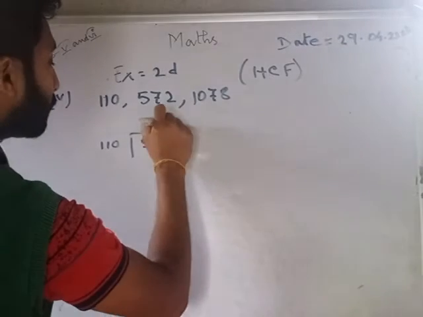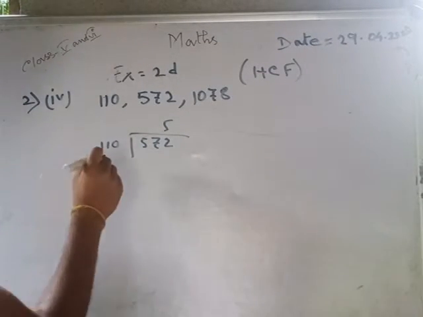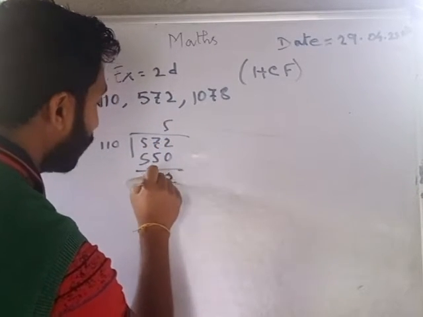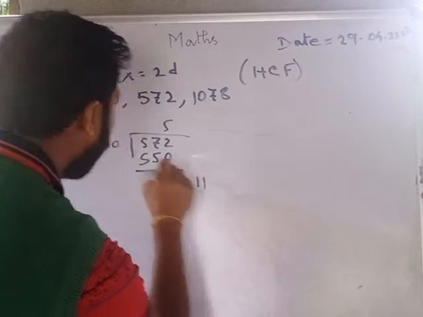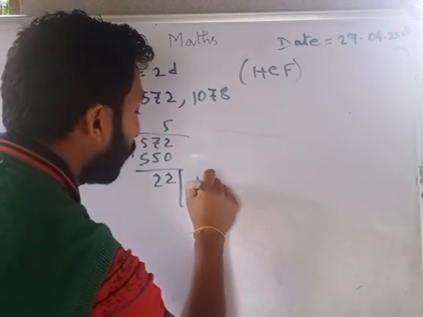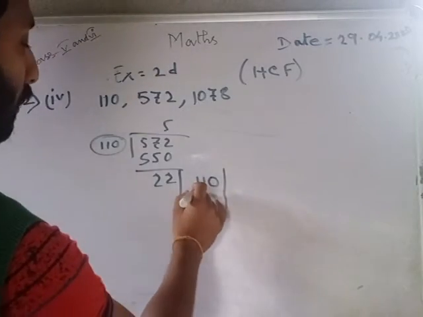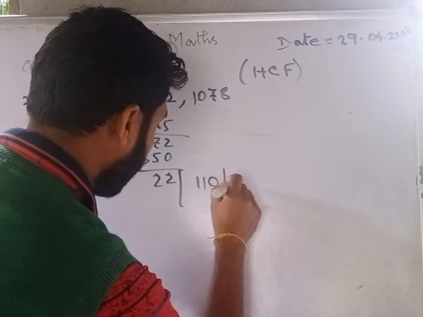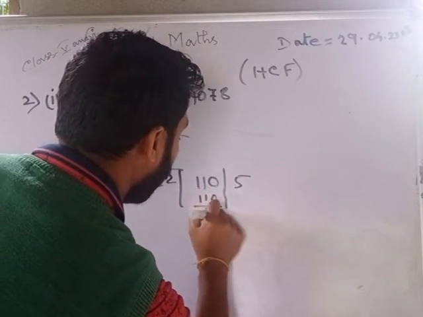You should find it out by division. 550 is in here, the remainder is 22, so we should take this number from here to here and divide. 5 times 22 is 110.